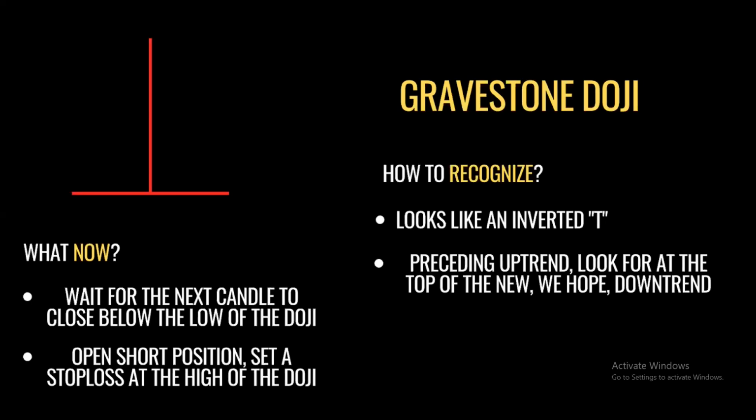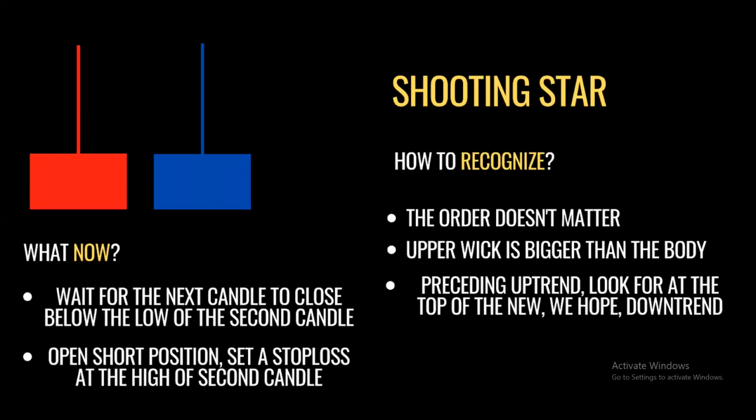And when we see this, we just want to wait for the next candle to close below the low of this one, and we want to set a stop loss at the high of this one, go in short, which means to sell, and secure the bag. Shooting star, people, just the same as the hammer, just the exact opposite.